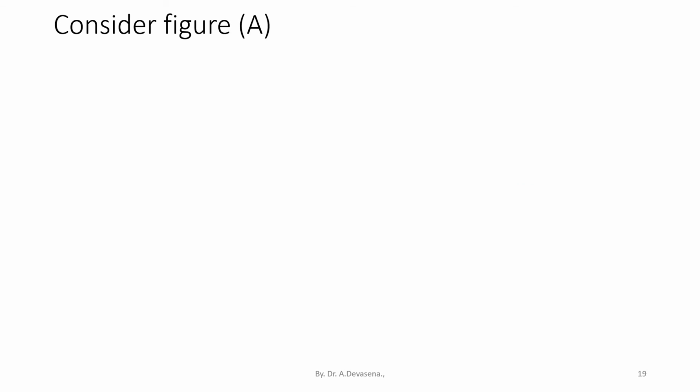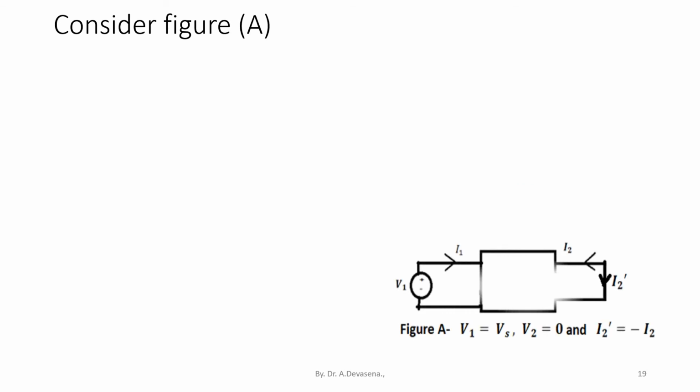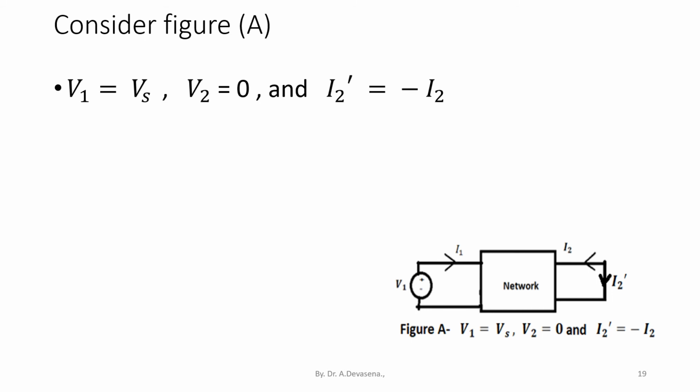Consider figure A. Here V1 is equal to Vs and V2 is equal to 0. That is, the output voltage V2 is considered to be short circuited. Therefore, I2 dash is equal to minus I2 because I2 dash and I2 are flowing in opposite directions.